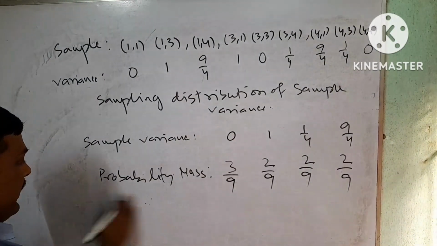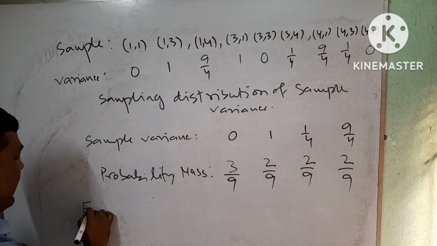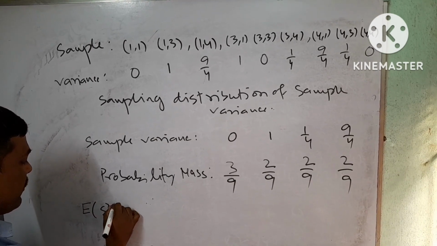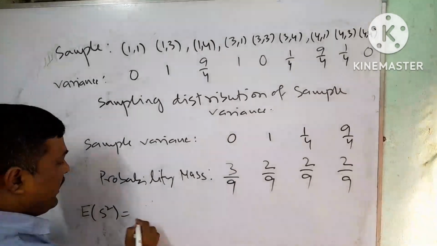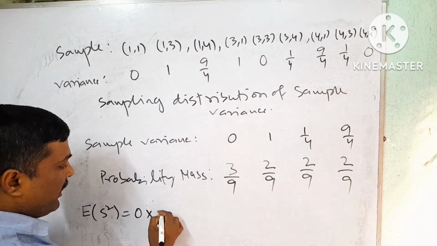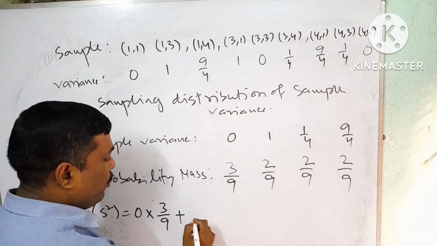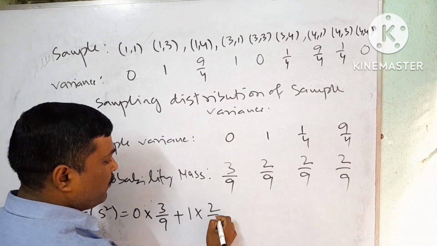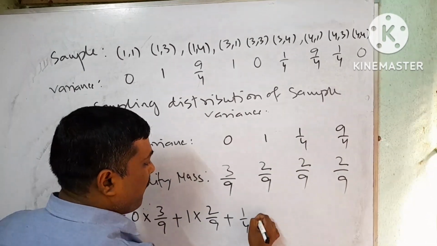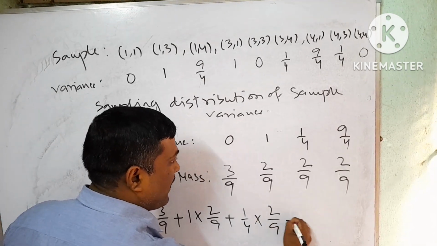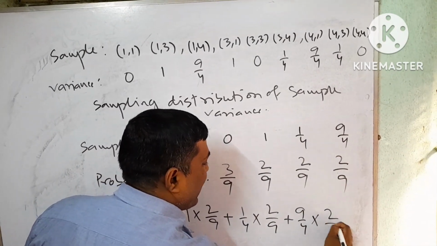Now calculate E of S square. E of S square equals 0 into 3 by 9, plus 1 into 2 by 9, plus 1 by 4 into 2 by 9, plus 9 by 4 into 2 by 9.